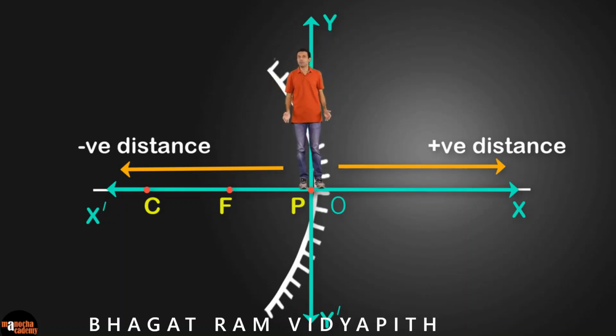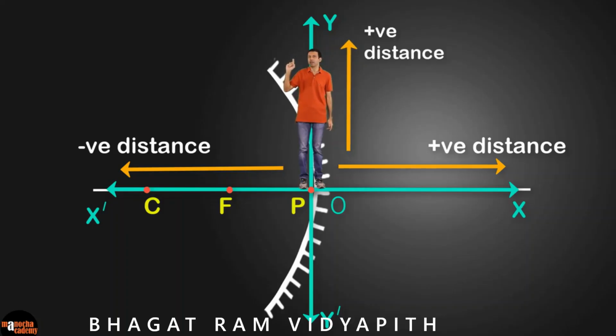Distances measured perpendicular and above the principal axis, that is along the positive y-axis, are considered to be positive. And distances measured perpendicular and below the principal axis, that is along the negative y-axis, are considered to be negative.